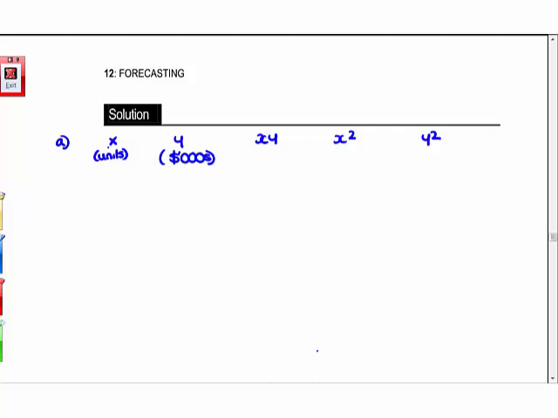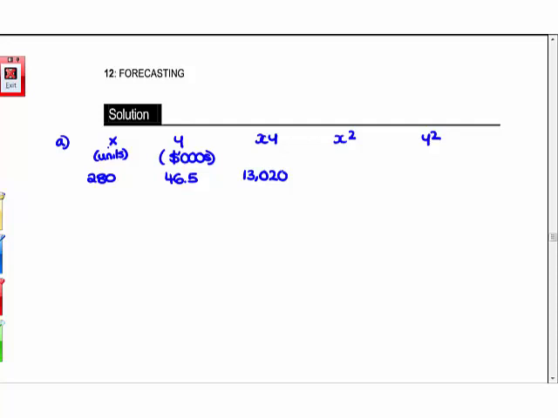So we've got X then, which is the number of units. So we're just going to copy that across, 280, and the costs there are 46,500. We're going to work in thousands to keep the numbers easier, so that'll be 46.5. And then we've got the XY column, which is X times by Y. So 280 times by 46.5 is 13,020.